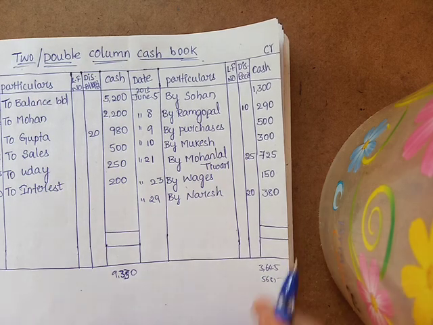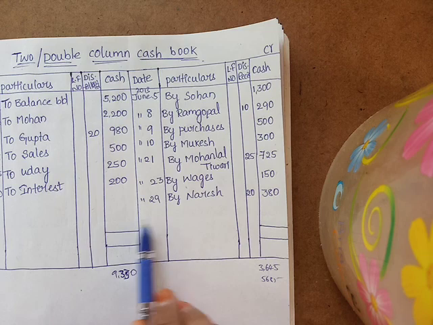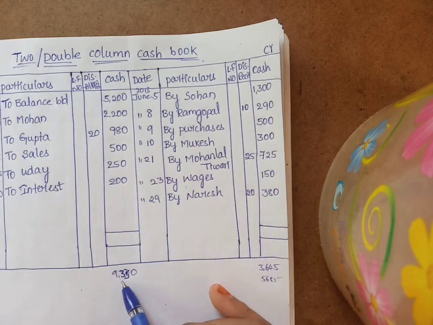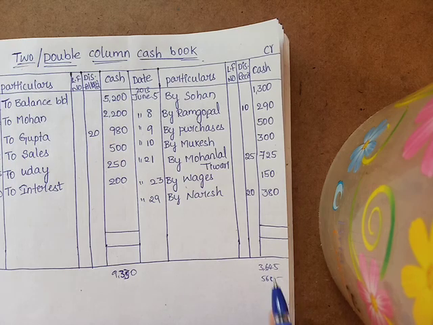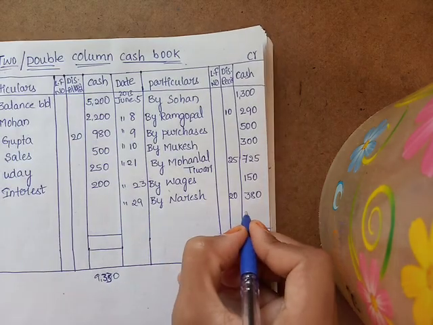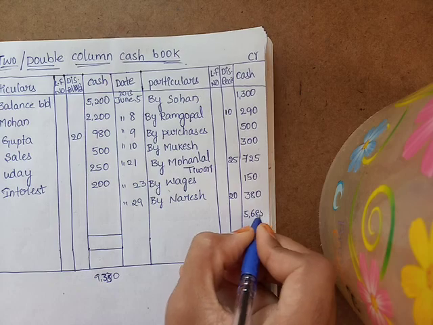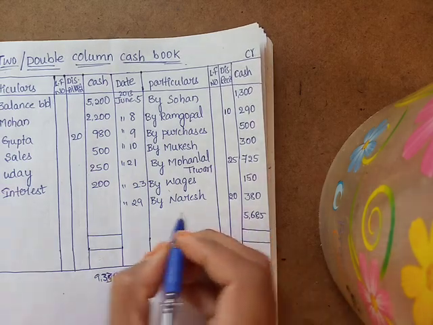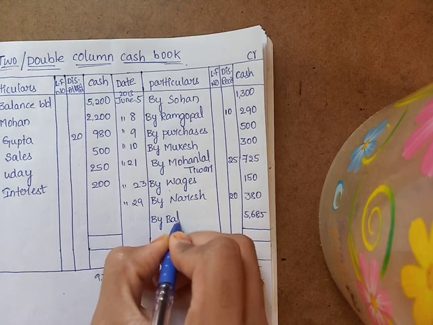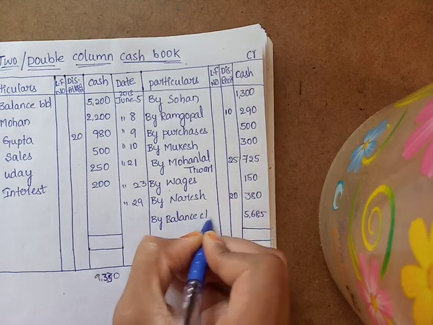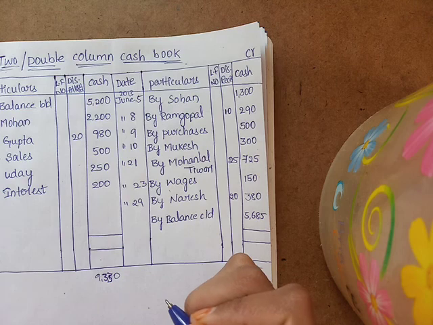So how much balance do we need to tally both sides? Deduct 9,330 minus 3,645 is 5,685. So this balance is what is known as by balance carried down.